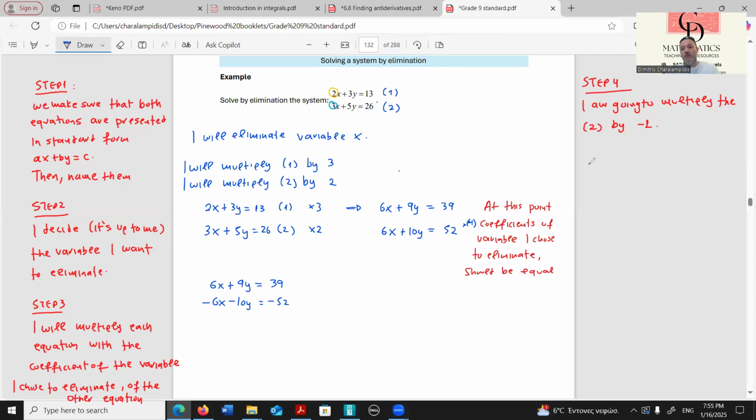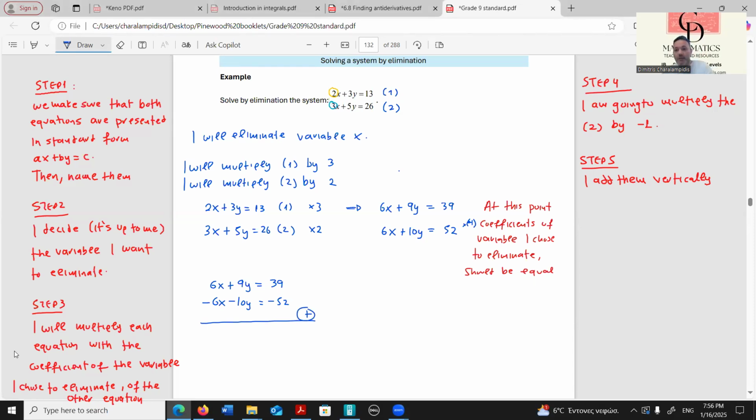Then, in step 5, I add them vertically, which means that I should do this.